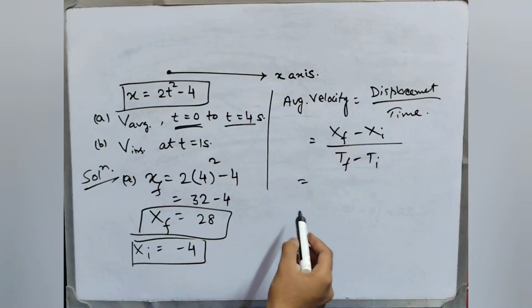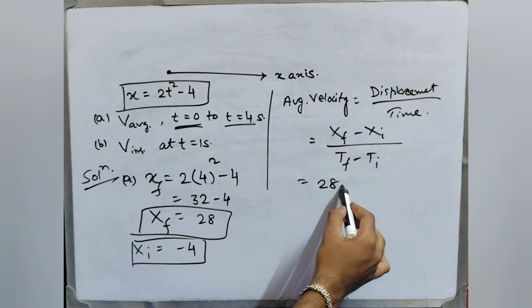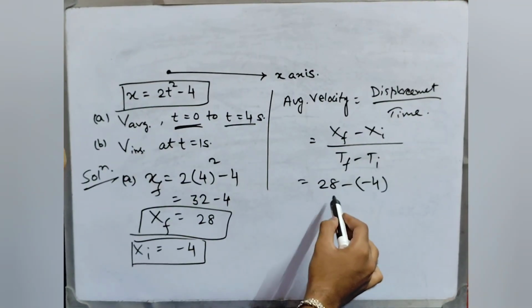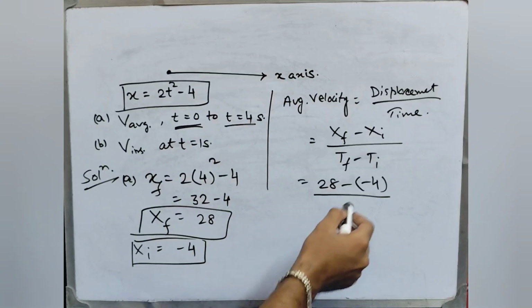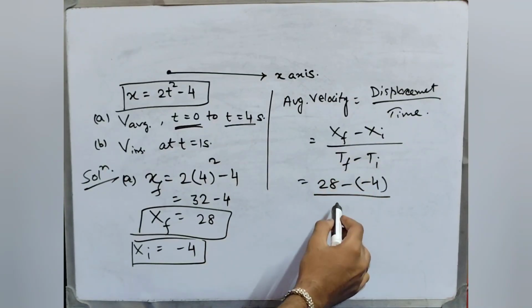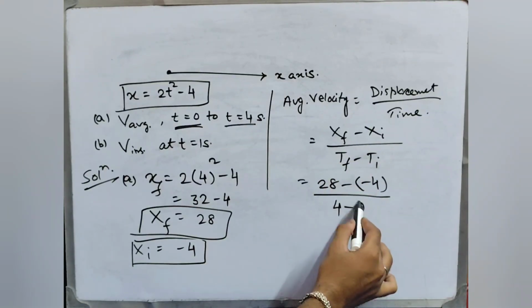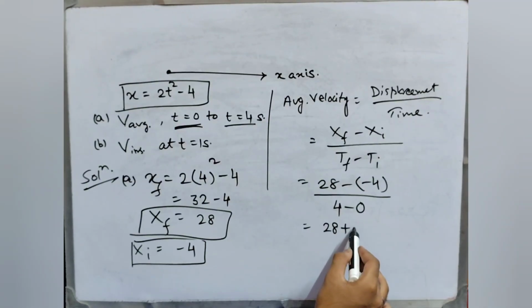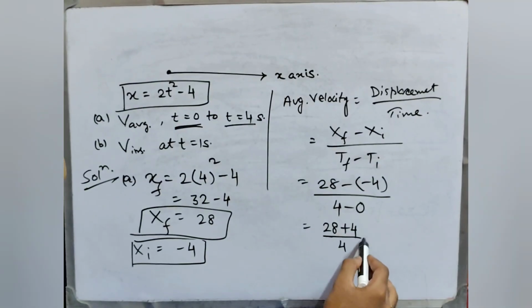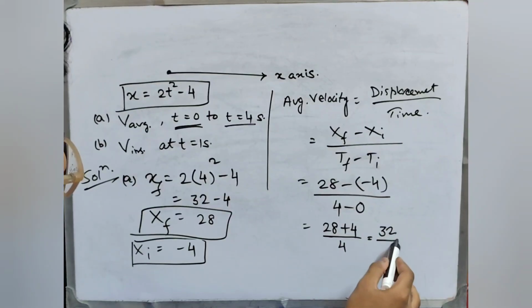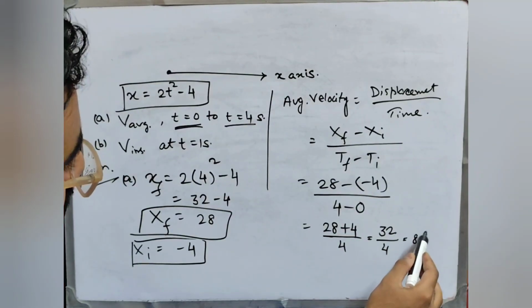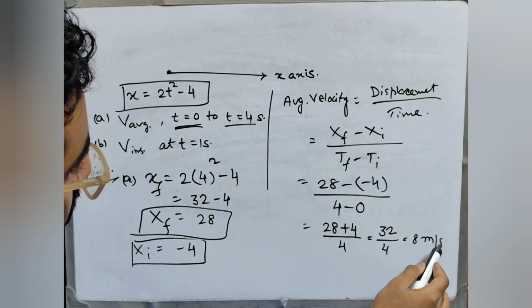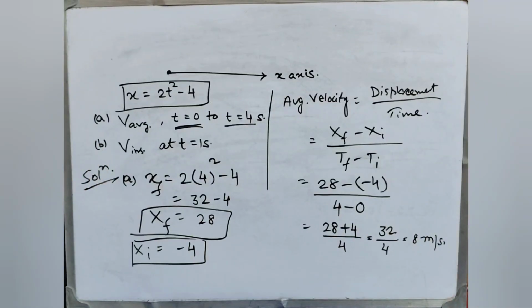So it is equal to 28 minus of minus 4 divided by the total time taken, that is 4 seconds minus 0, so 28 plus 4 by 4, so 32 by 4, 8 meter per second. This is the answer of question number 1, the average velocity.